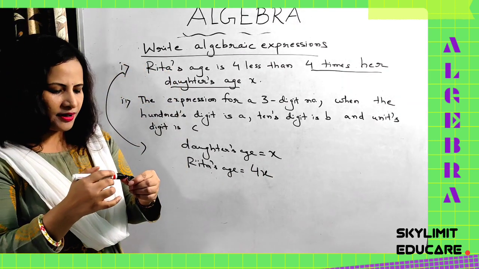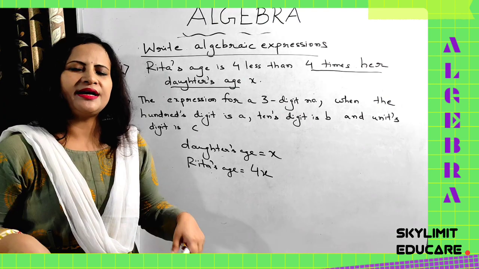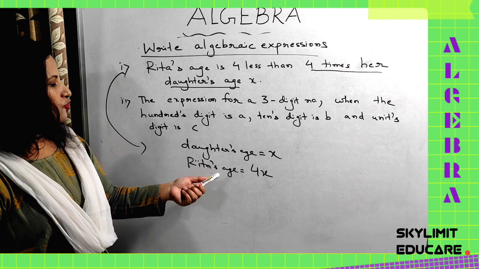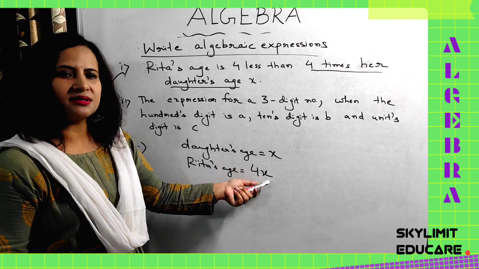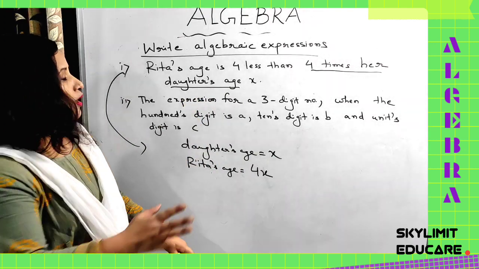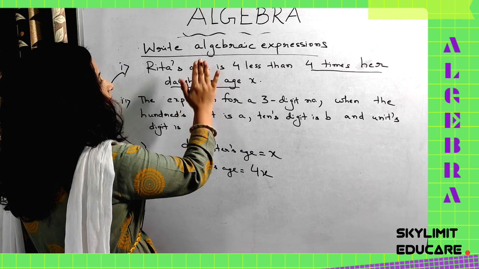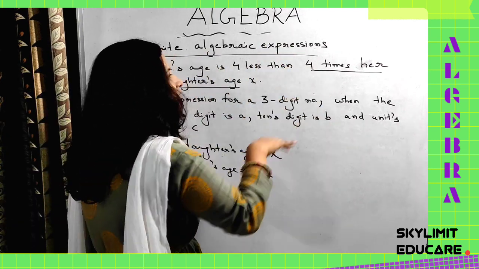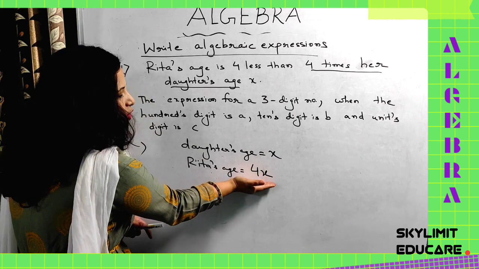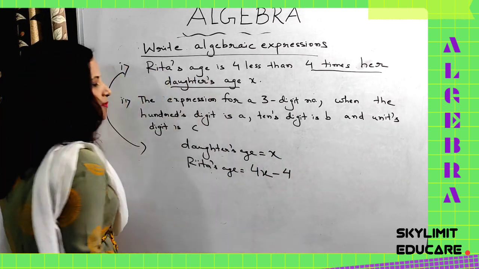4 times of X is 4X. 2 times of anything is 2X, 2 times of X is 2X, 3 times of X is 3X. Like that, 4 times of her daughter's age, which is X, is 4X. But not only that much. 4 less than 4 times her daughter's age. 4 times her daughter's age is 4X. 4 less than that means subtracting 4 from it.